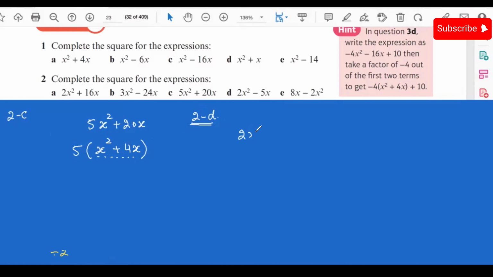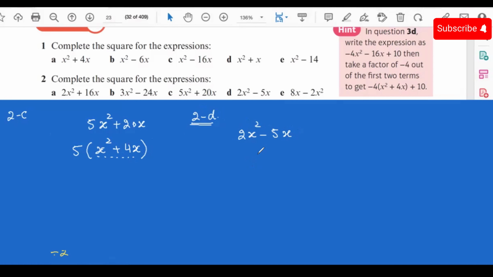We have 2x squared minus 5x. Here in both terms we have no common factor other than x, which we don't want to take out.